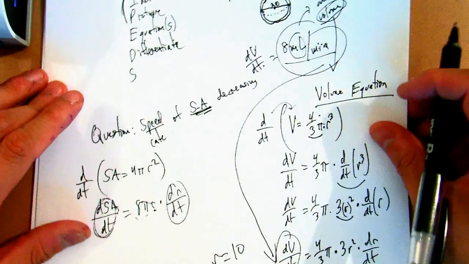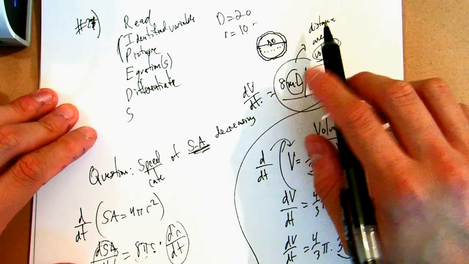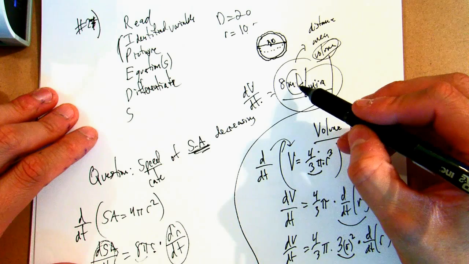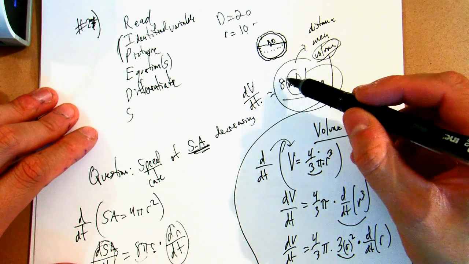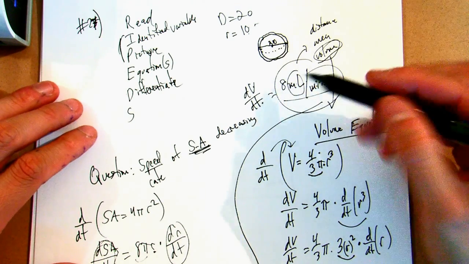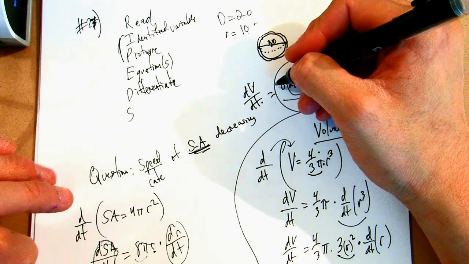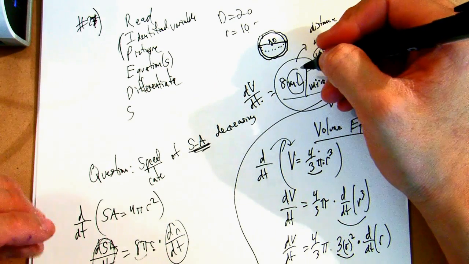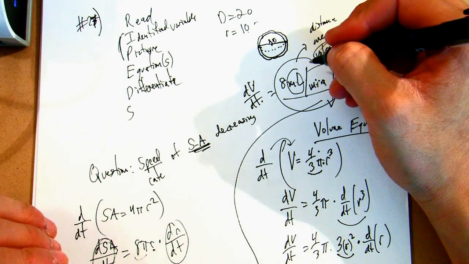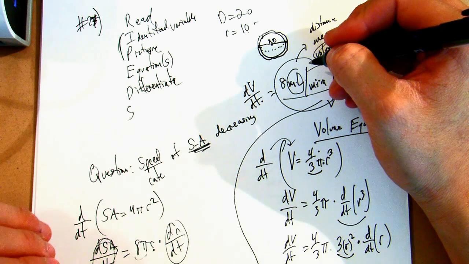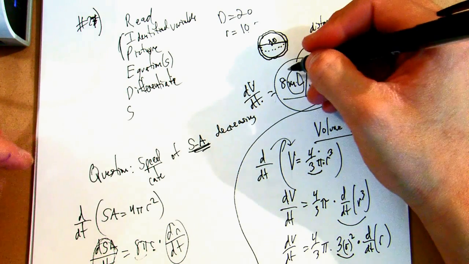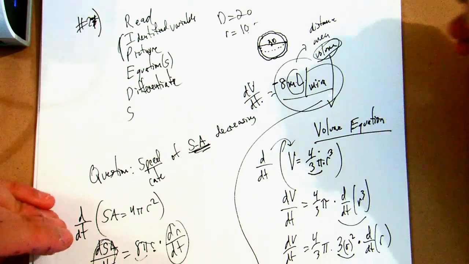Another thing to note is, is it increasing or decreasing? What did it say about the volume? It melts. So melts is decreasing, so it's negative.